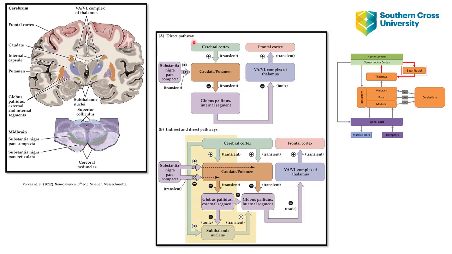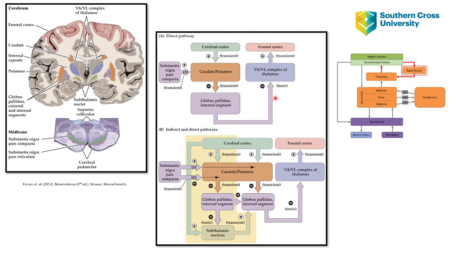And if we talk about the direct pathway firstly, I want to draw our attention to the globus pallidus internus segment. This one here, which we can see over here on the left-hand side, these two purple structures, tonically fire back onto the thalamus, but it's an inhibitory input.